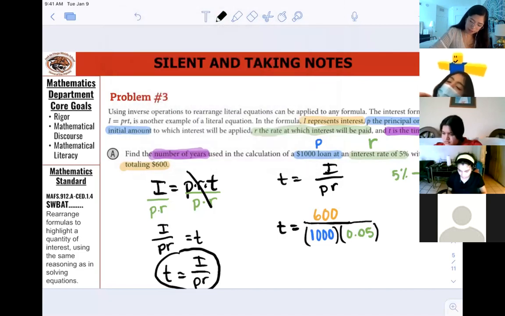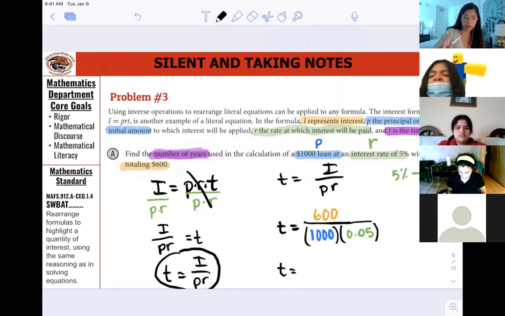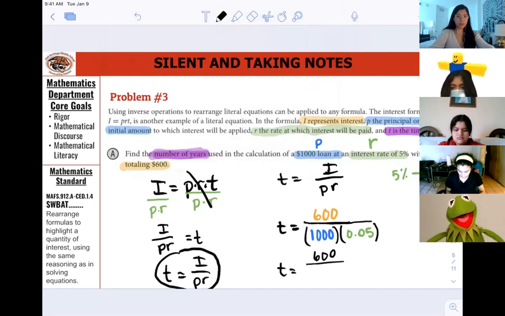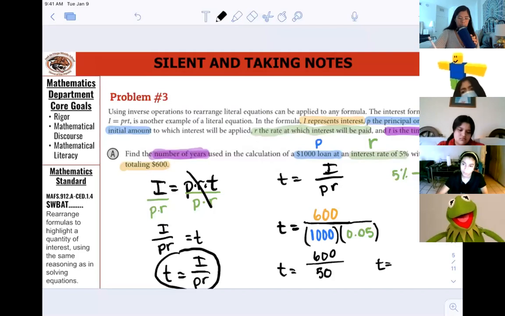Now we can do everything to get our answer. So the first thing we want to do is multiply the two denominators. So I'm going to leave that 600, and we're going to multiply 1,000 times 0.05. 50. 50, good. Now we can divide 600 divided by 50. 12.